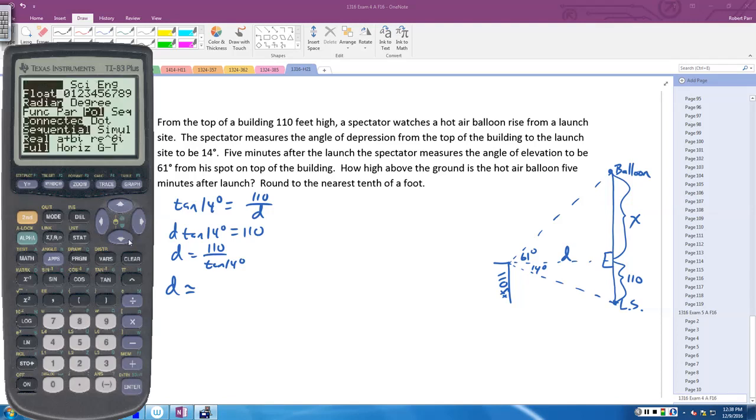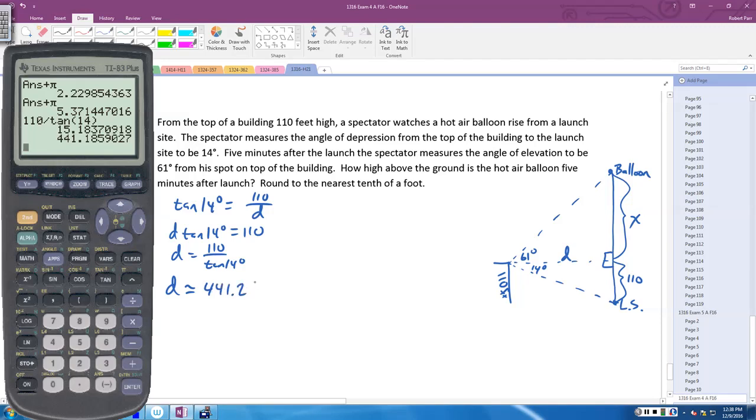Let me change my mode. 441.2 feet. Now, to find x, tangent of 61 degrees is x over 441.2. So multiplying 441.2 times tangent of 61 degrees, that's going to be x. I'm actually going to use this value times tangent 61.